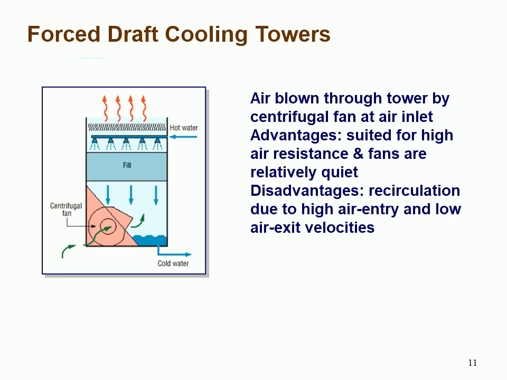Forced draft cooling tower. Working principle: air is blown through the tower by a fan located in the air inlet. Advantages: suited for high air resistance due to centrifugal blower fans. Fans are relatively quiet. Disadvantages: recirculation due to high air entry and low air exit velocities, which can be solved by locating towers in plant rooms combined with discharge ducts.